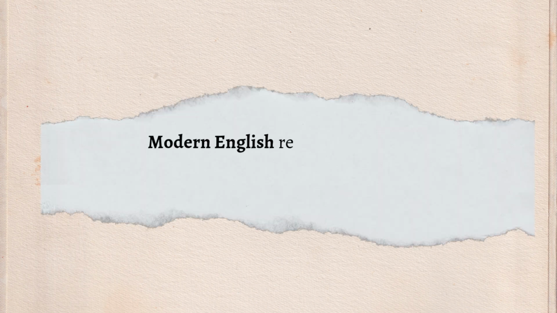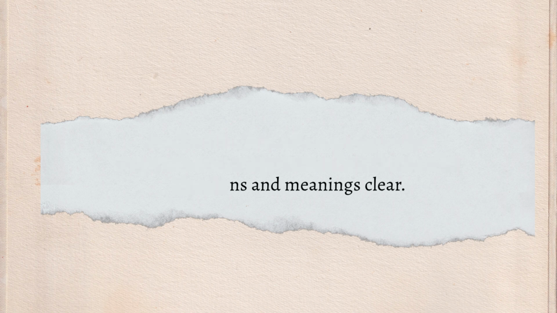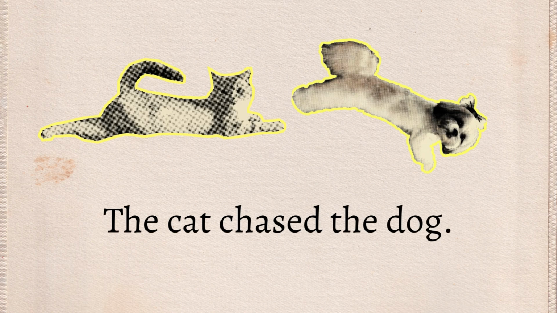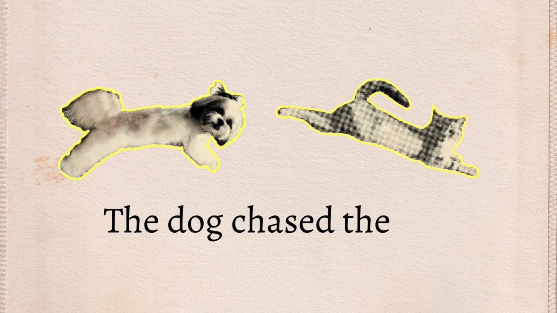Modern English relies mostly on the sequence or arrangement of words to make functions and meanings clear. In The Cat Chased the Dog, it's word order that tells us who did what to whom. If we reversed that order, the dog chased the cat, we'd produce a different meaning.